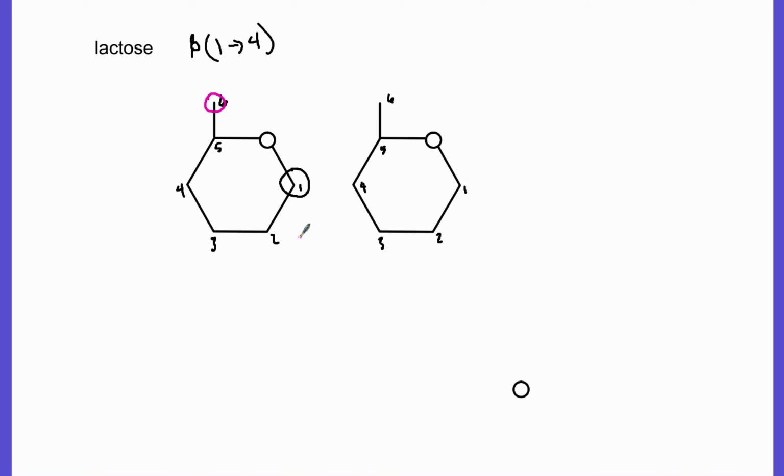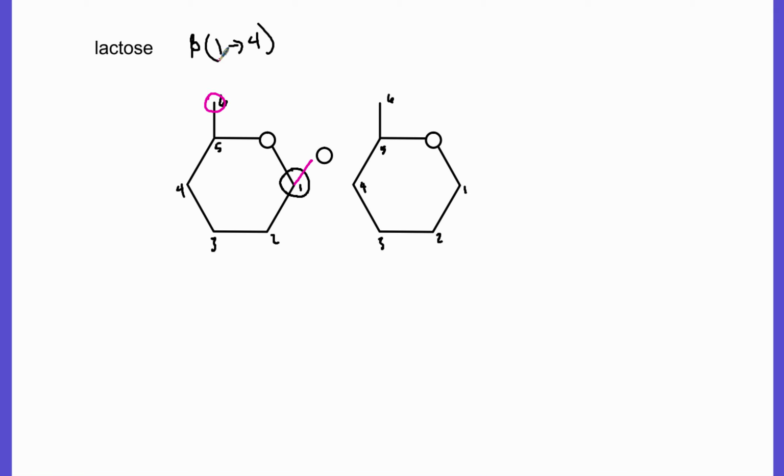So if I'm going to put this oxygen in between these two sugars to connect them, I have to know if it's going to be connected below or above. In this case, since it's beta, it should be on the same side. If this carbon is up, then this oxygen needs to be up, and I need to connect it like this. So that's where my beta comes into play.